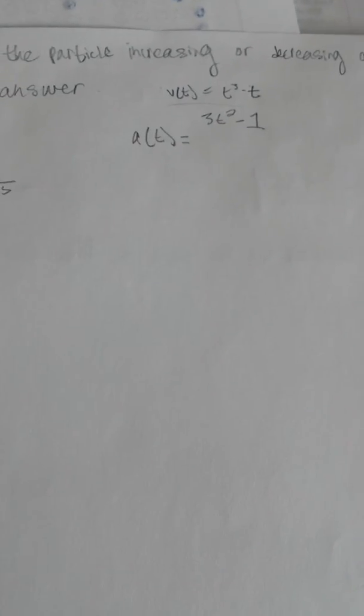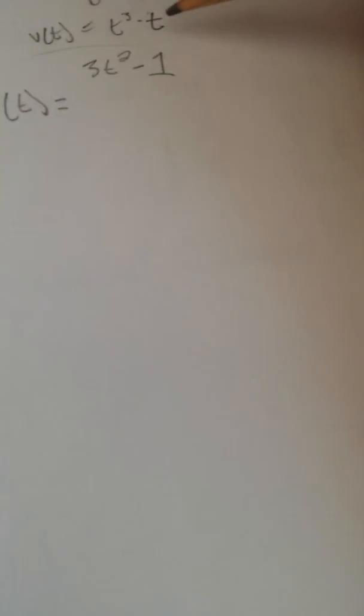You're just taking the regular derivative, I'm sorry. If you were trying to find the velocity, you would take the antiderivative. But they give you the velocity, so to get the acceleration, it's just taking the derivative, which is 3t squared minus 1.